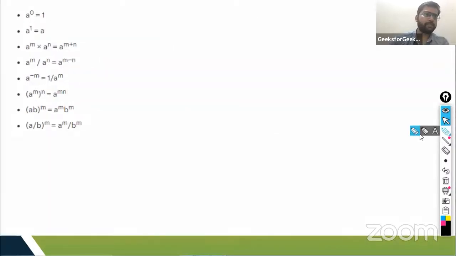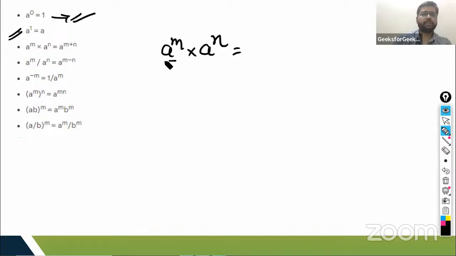Now this one is also important. A to the power 0, any number, any natural number or rational, irrational, any number to the power 0 is equal to what? 1. If a to the power m into a to the power n is given, then the base is same, so the power gets added. 2 to the power minus 1 we can write as 1 by 2.